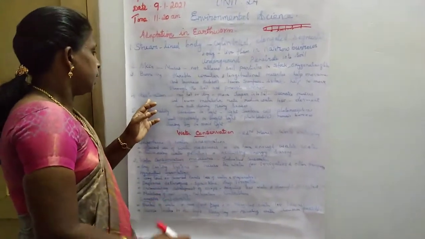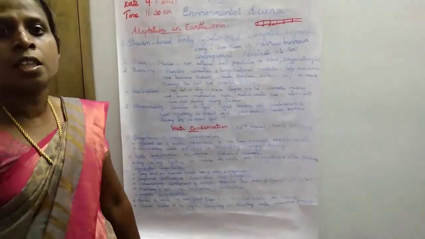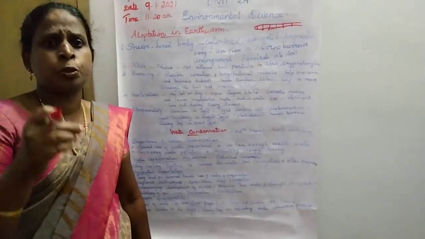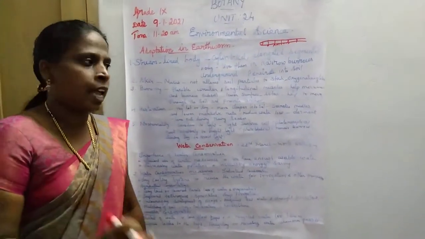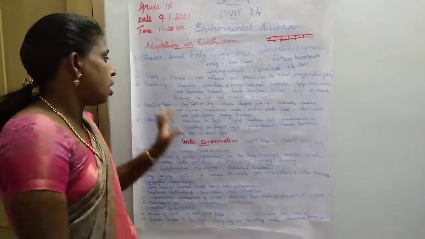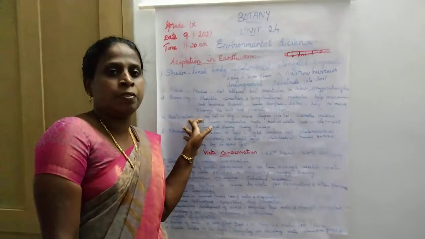That is burrowing. The next one is estivation. What does estivation mean? When the temperature is too hot, or if the soil is very dry, the earthworm undergoes a process called estivation.